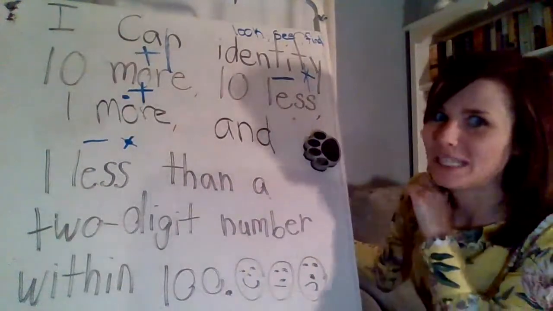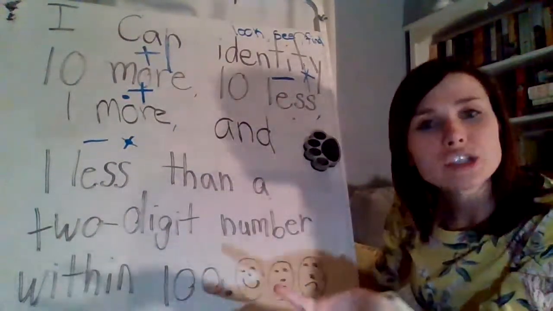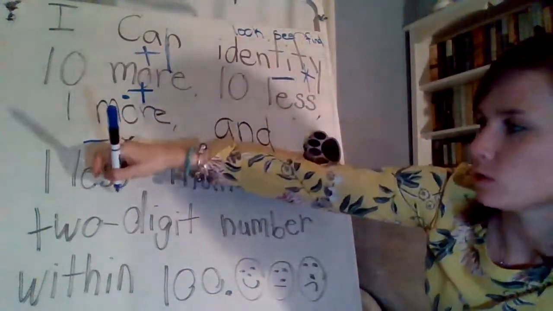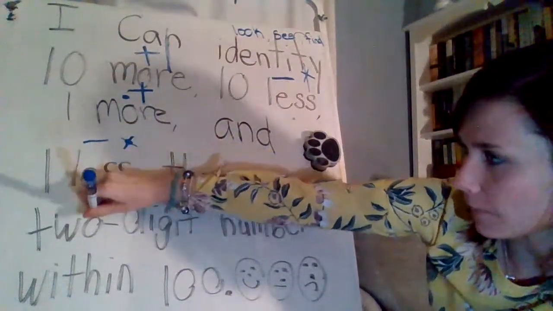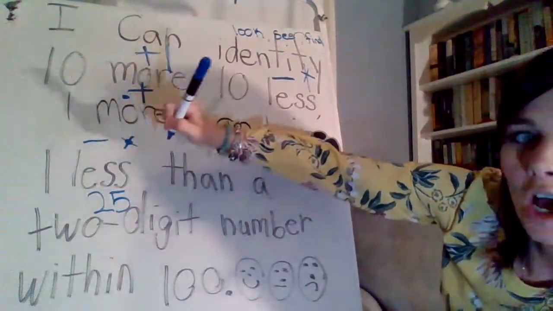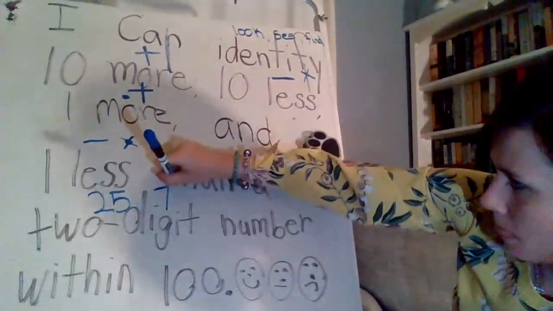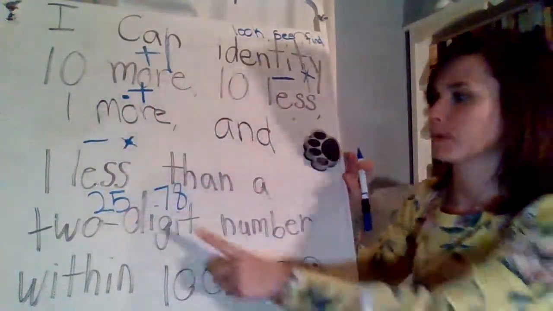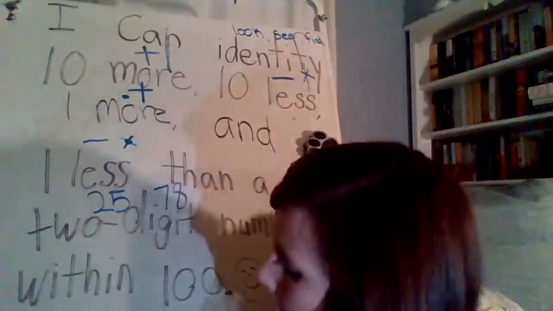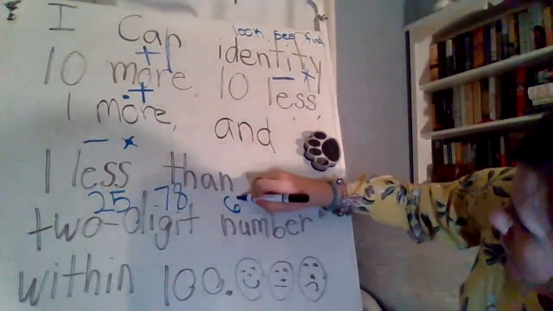Then a 2-digit number. What would a 2-digit number be? A 2-digit number has to have a number in the tens house and the ones house. An example could be 25, because it has a number in the tens house and in the ones house. What's another example? You could have 78. Another number we could have is 65.